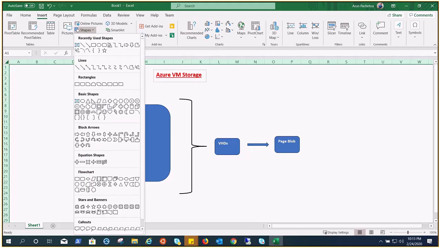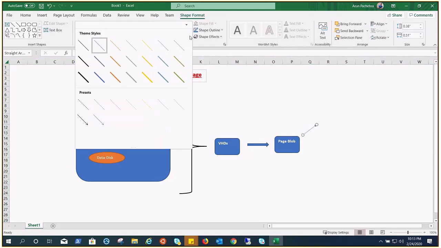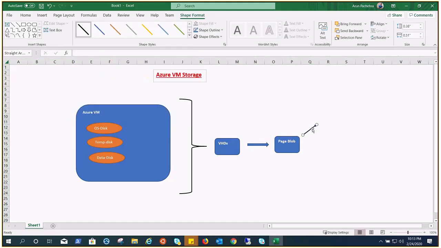There could be two kinds. This is the important part: standard and premium.